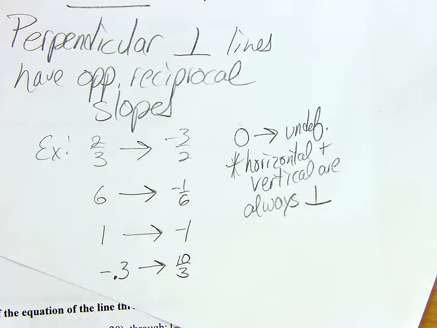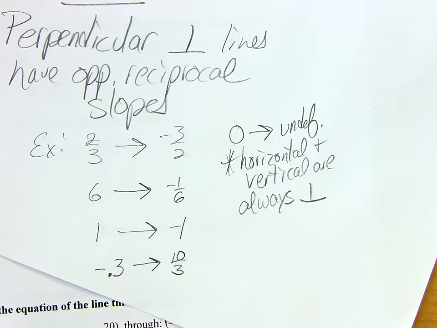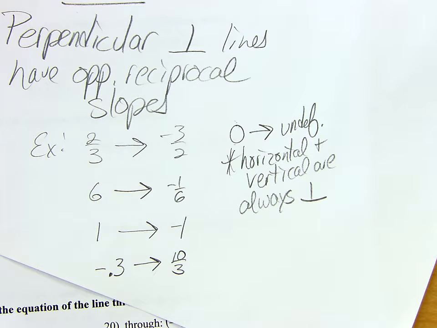Similarly, all horizontal lines are... wait, what'd you say? Yes. Oh, I was going for something else. I wanted you to say all horizontal lines are parallel to each other. All vertical lines are parallel to each other.